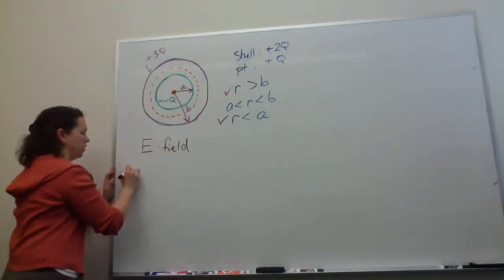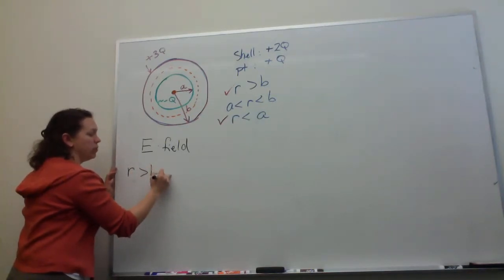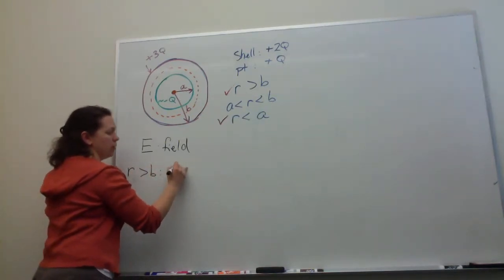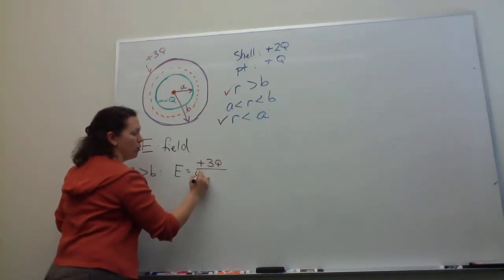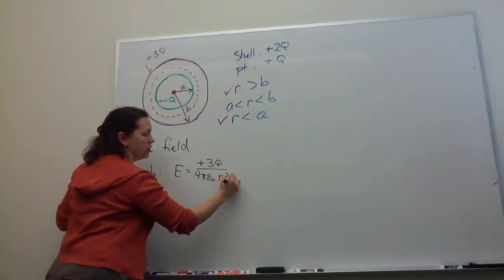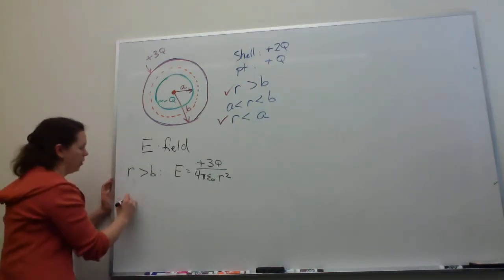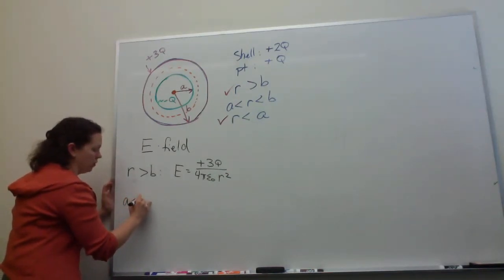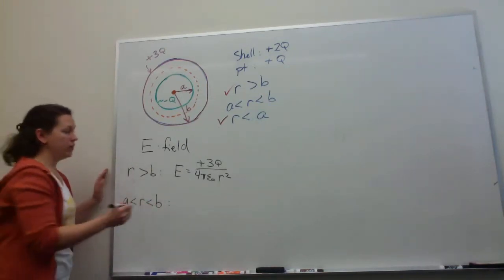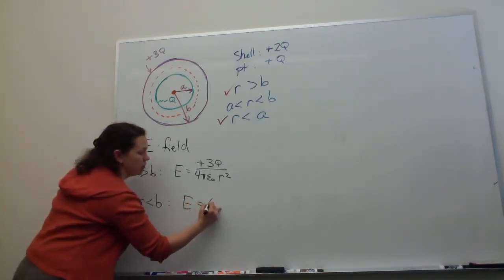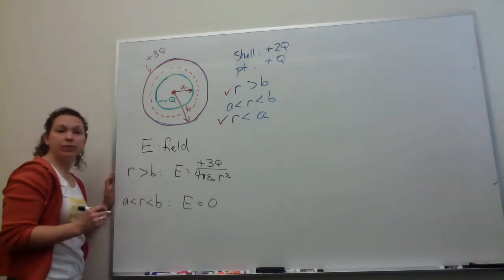E field. For r greater than b, you had that the E field was equal to plus 3Q over 4 pi epsilon naught r squared. In between, you have that the electric field is equal to 0.